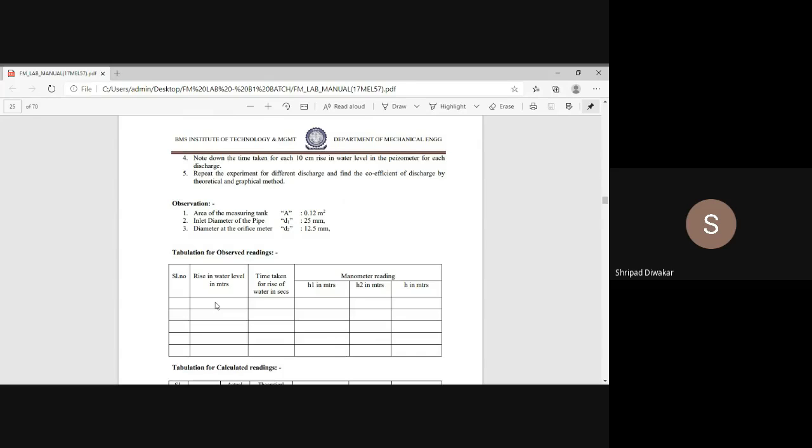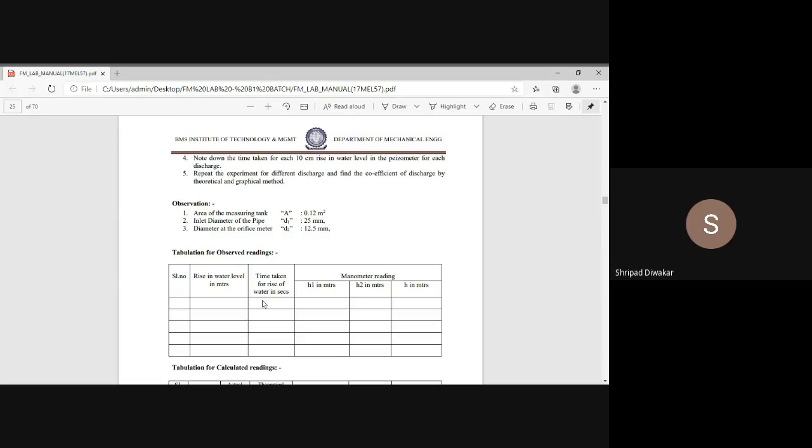We start the stopwatch from the beginning, and when the water level reaches 10 centimeter, we stop the stopwatch and note down how much time it takes for the 10 centimeter rise as the fluid flows inside the orifice meter. This is one reading.